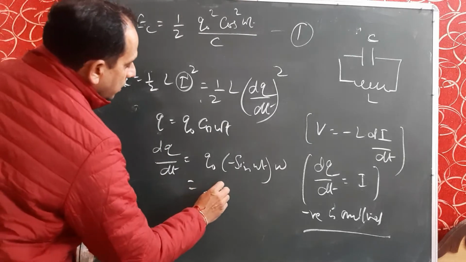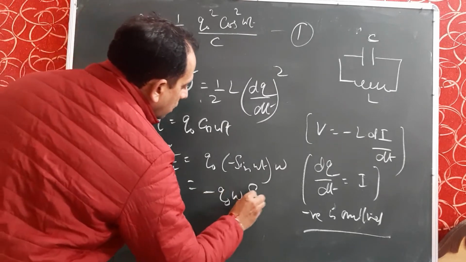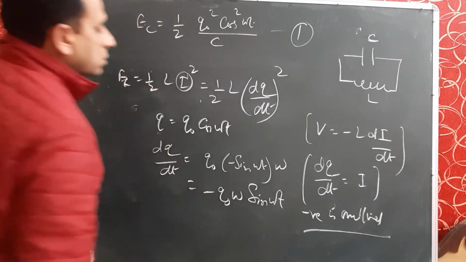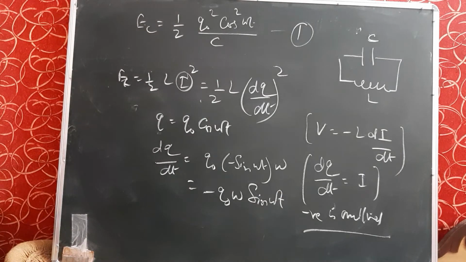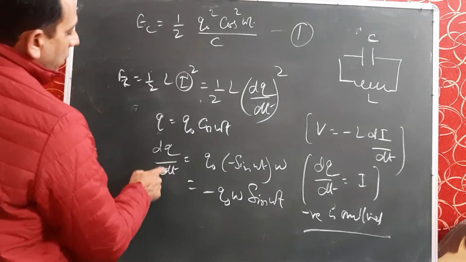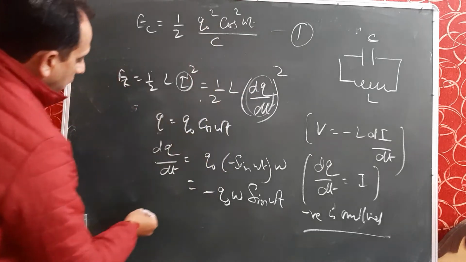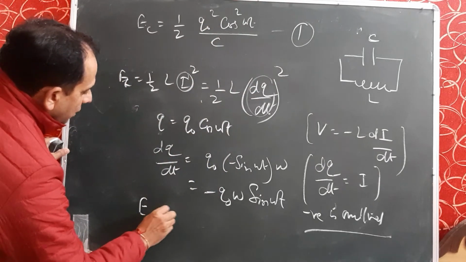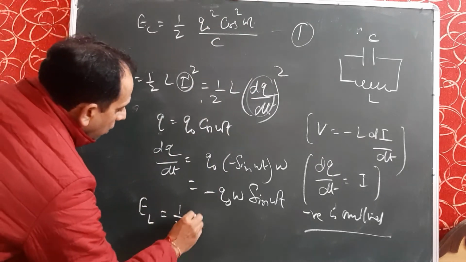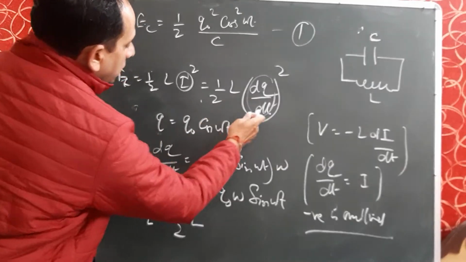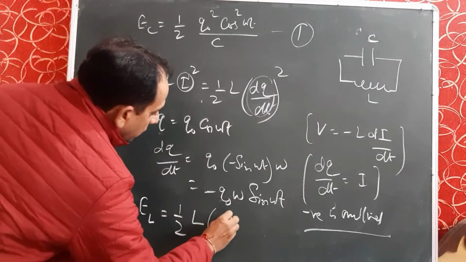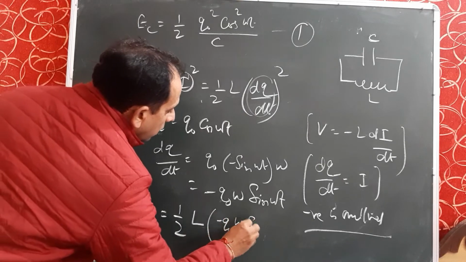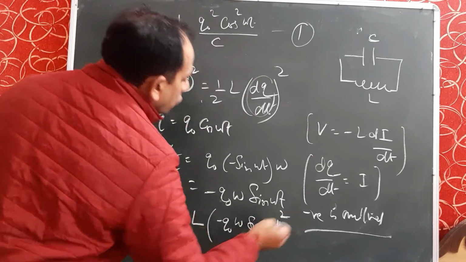So, it is minus q naught omega sin omega t. Putting the value of dq by dt, the energy stored in the inductor E_L becomes half L into minus q naught omega sin omega t whole square.